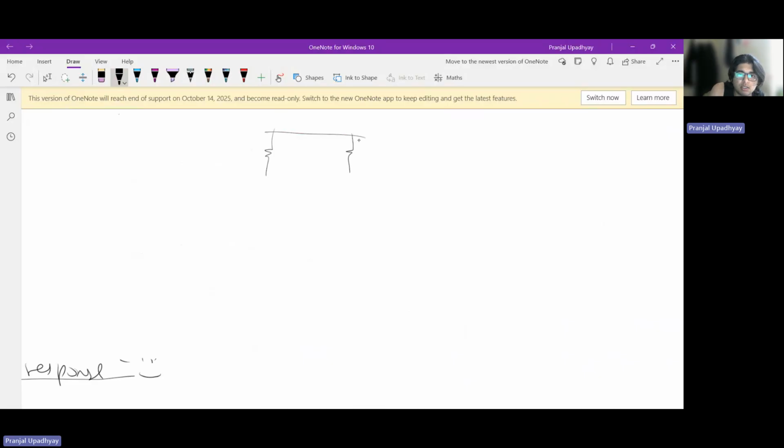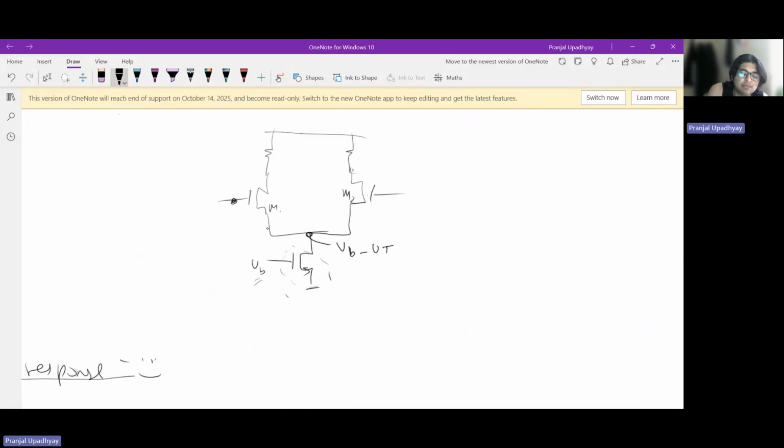So if this is my basic differential pair, this is my transistor M1, this is my M2, and here I have the tail current source. For the time being, I'll define it by a transistor only, and this VB is high enough so that this transistor is on. Now, to ensure that this guy is in saturation, what should be the voltage here? The voltage should be at least VB minus VT, where VT is the threshold voltage, right?